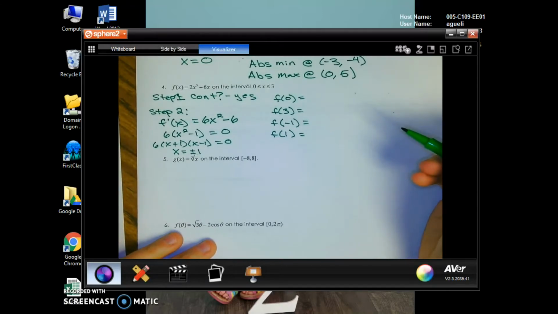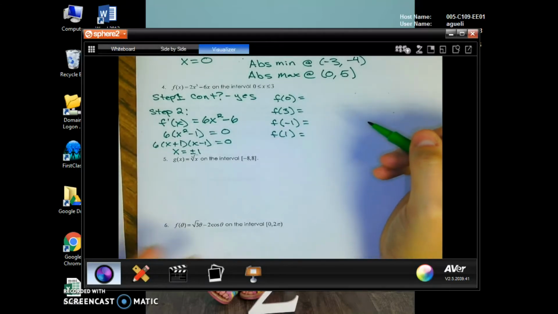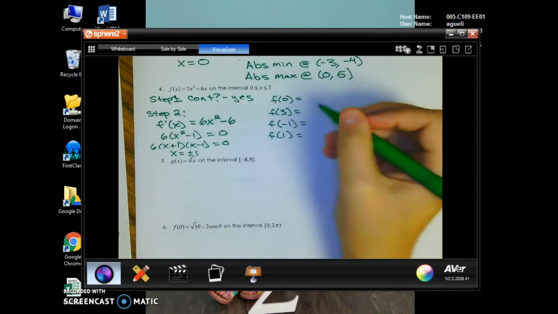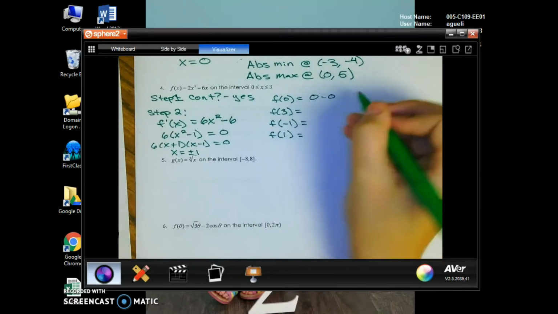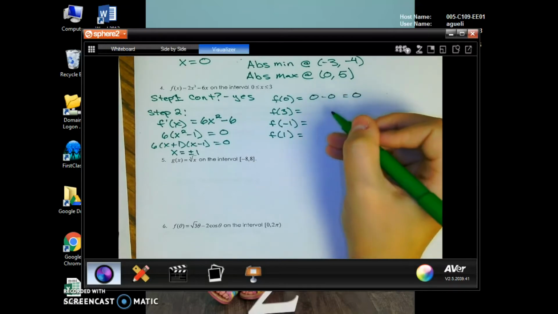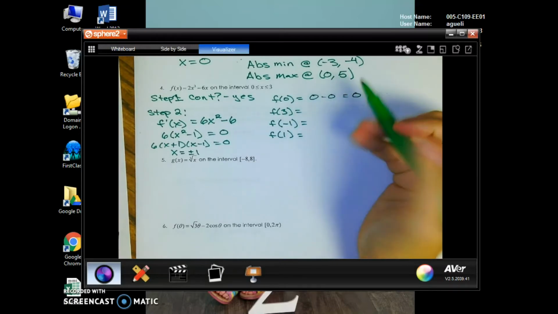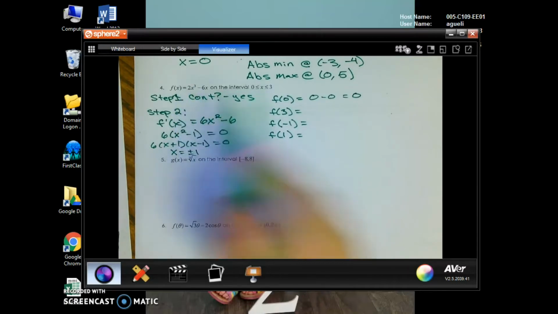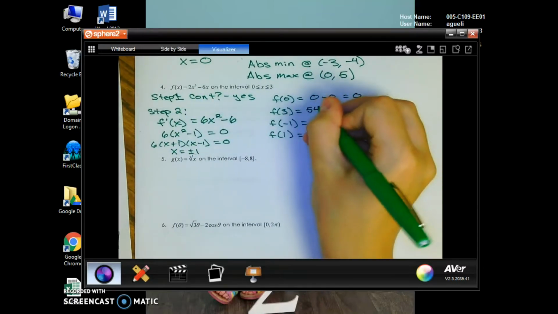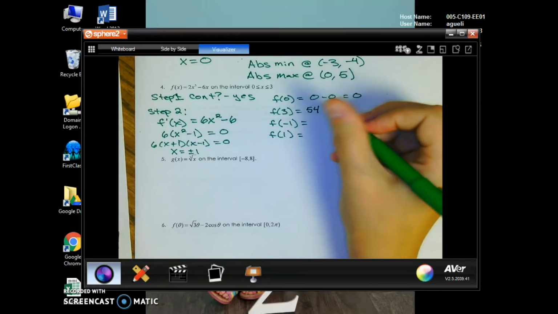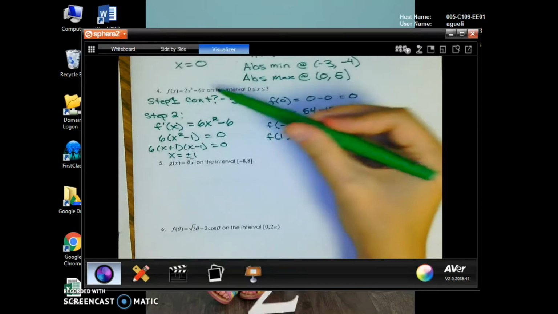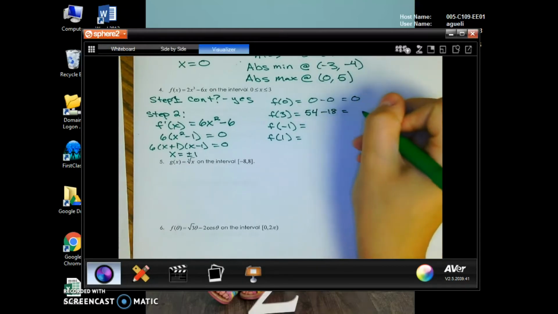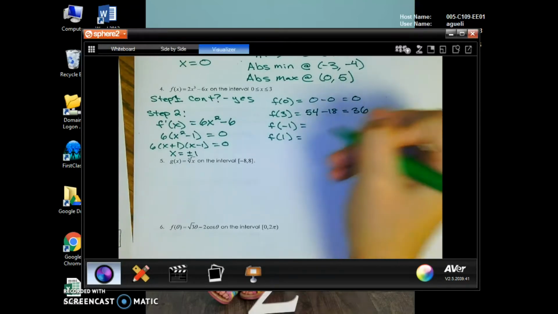So when I plug in a 0, that's not really exciting, 0 minus 0, right? So that's going to be 0. When I plug in a 3, that'll be 3 cubed 27 times 2, so that'll be a 54. And then minus 18, because 3 times 6 is 18. So that'll give me a 36.